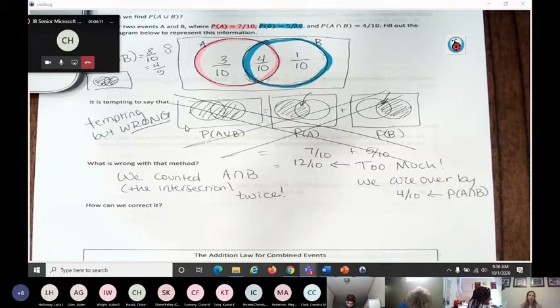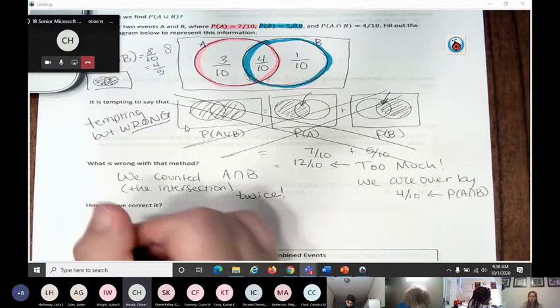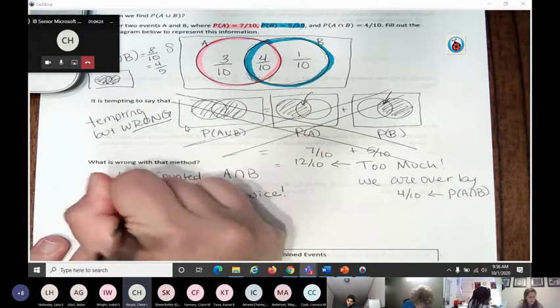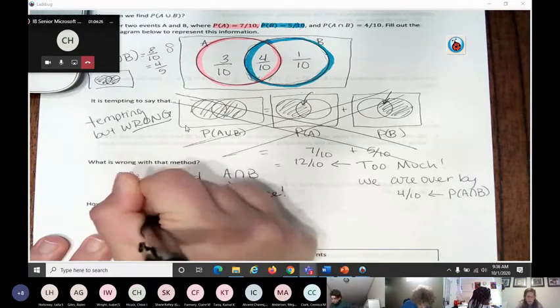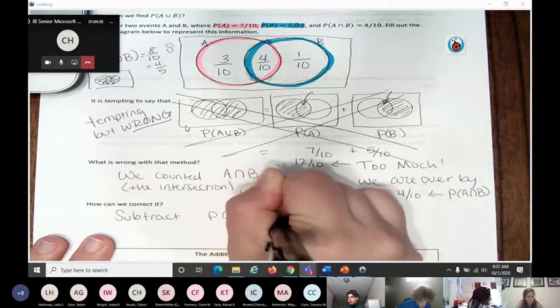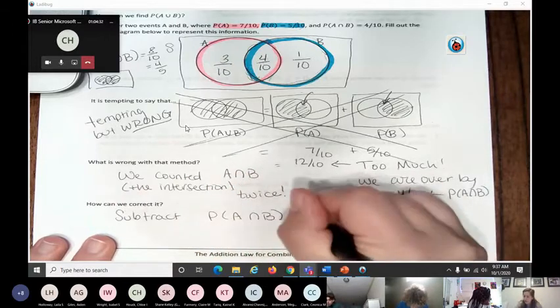So, the simplest thing to do. Wait. Maybe you could do the same thing as above, but then subtract one intersection. Yes, we're going to subtract P of A intersect B so that it's only counted once.